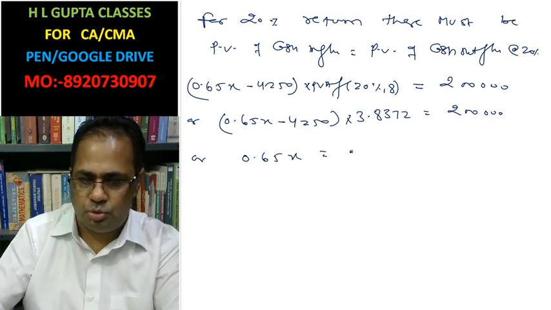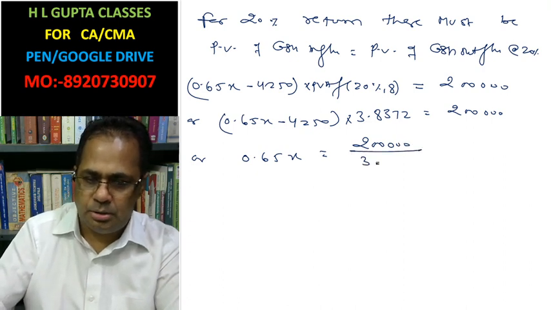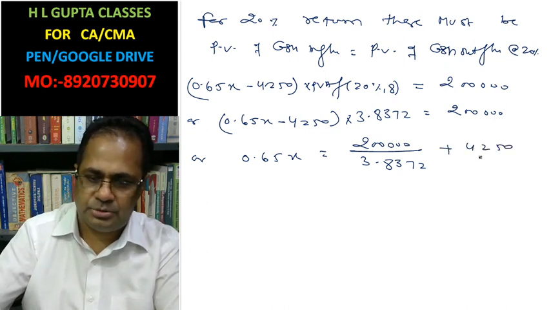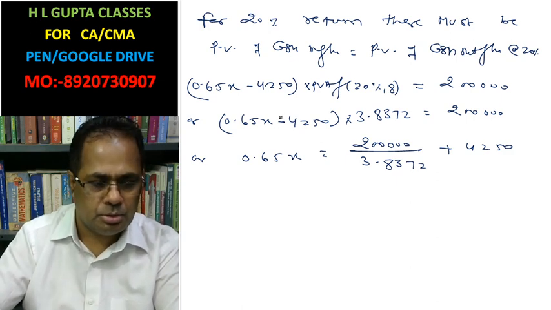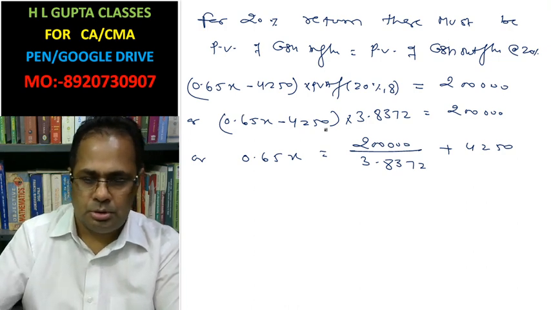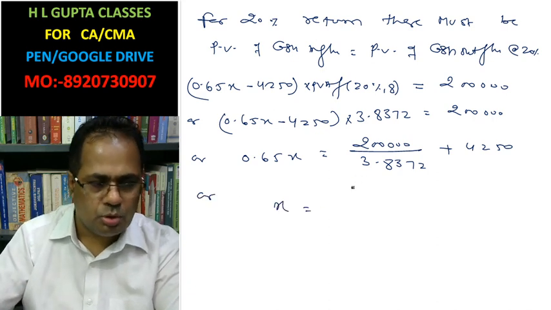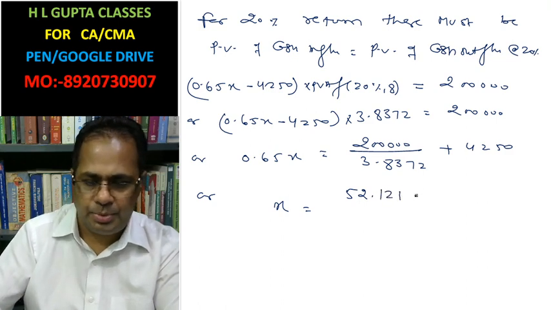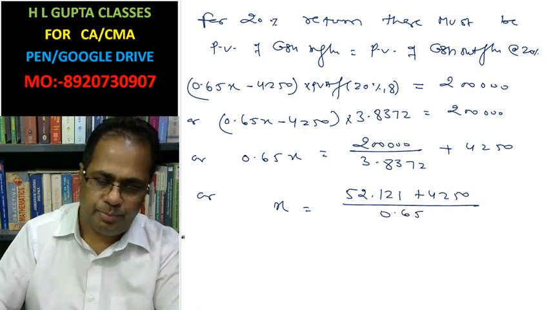Or 0.65x equal to 2 lakh divided by 3.8372 plus 4250, or x equal to 52,121 plus 4250 whole divided by 0.65.